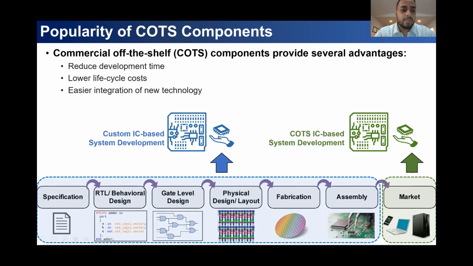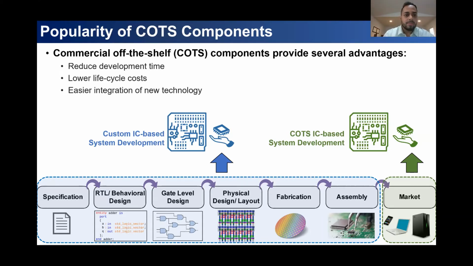That gives you reduced development time, lower life cycle cost, and it's easy to integrate new technology as it comes to the market because you don't have to design and fabricate it. That is why COTS-based systems are everywhere, and even in very security critical domains like military and automotive, you have commercial off-the-shelf components very commonly.